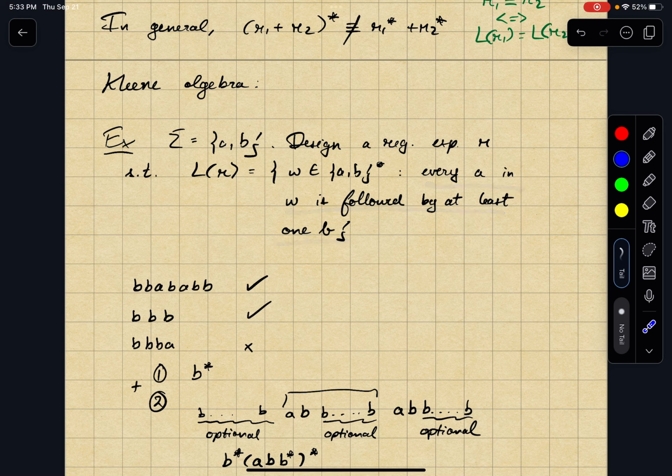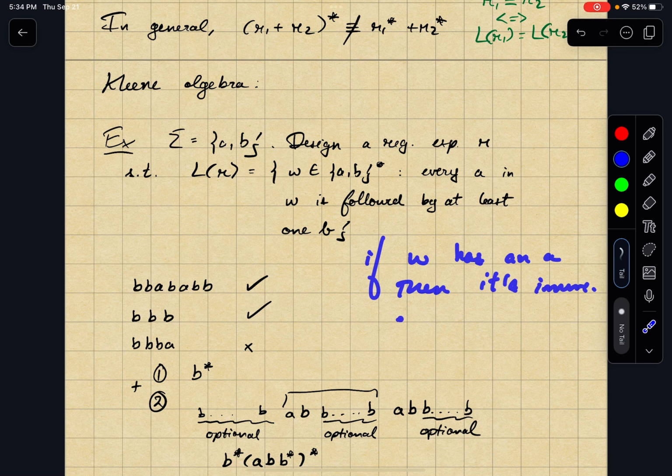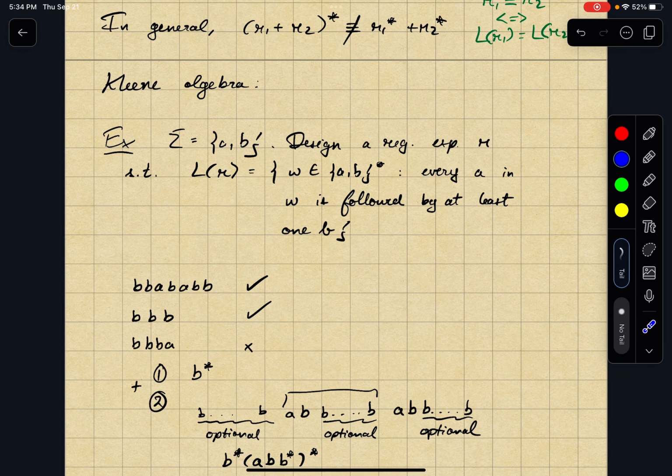because this is kind of like an implication. It's saying that if the string W has an A, then it's immediately followed by at least one B. Maybe I should have written that differently.